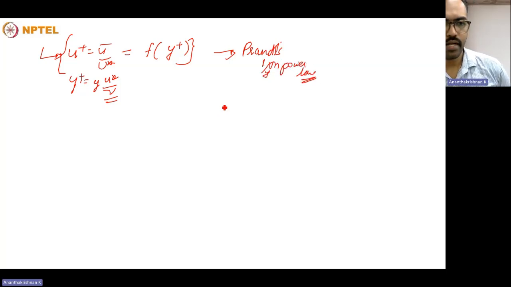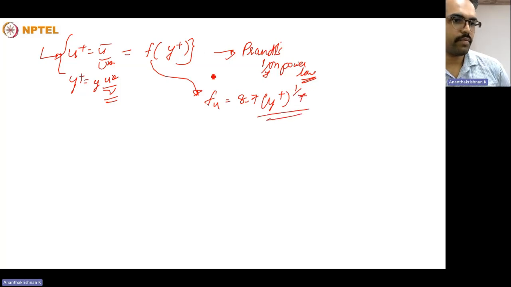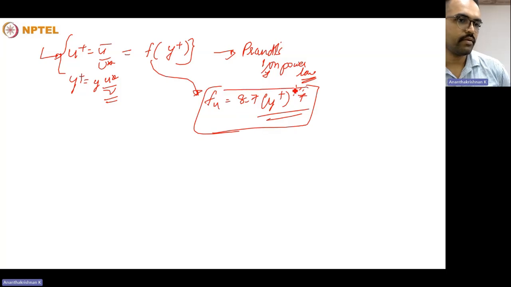In that case, f of y plus can be written as 8.7 into y plus to the power 1/7. So exactly, using Prandtl's 1/7 law, u plus is equal to 8.7 y plus raised to 1/7. So u bar divided by u star can be written in terms of this.